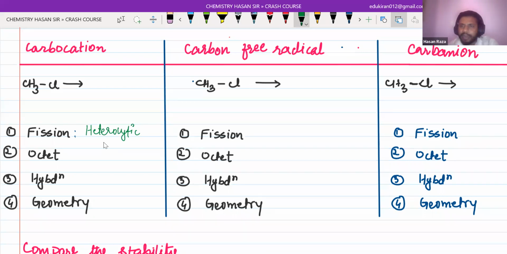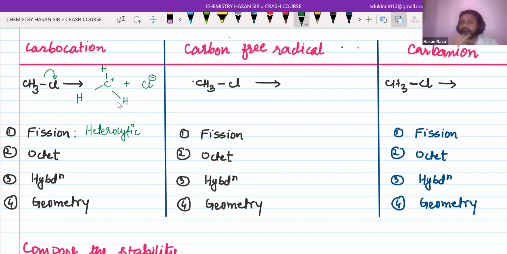heterolytic means? Heterolytic means that one of the atoms or elements will take the electron from another and it will come out like this. Chlorine will take the electron from carbon. So it will be Cl negative, and this carbon will have a positive charge since it donated its electron to chlorine.